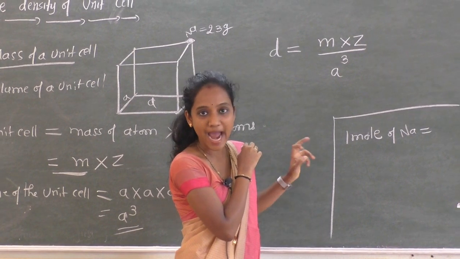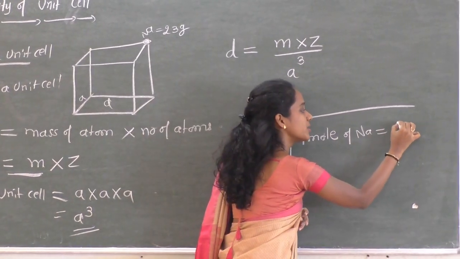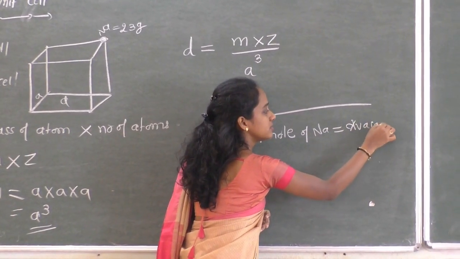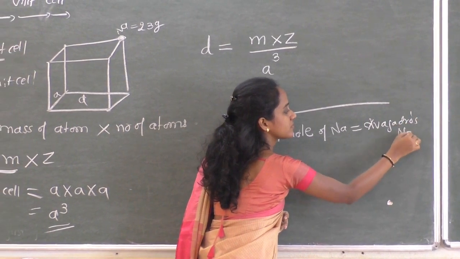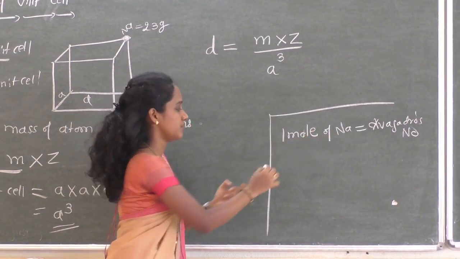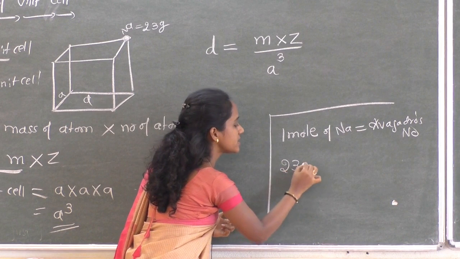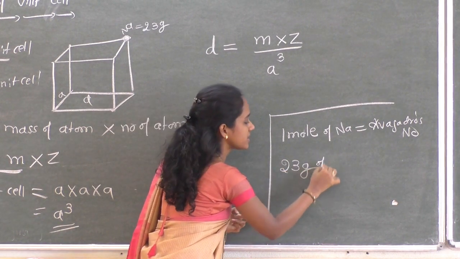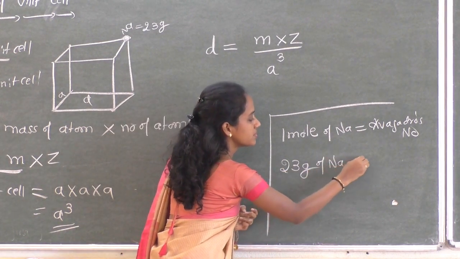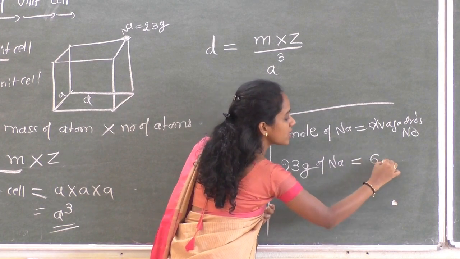Avogadro number of atoms. So 1 mole of sodium, nothing but 23 grams, contains Avogadro number of atoms.